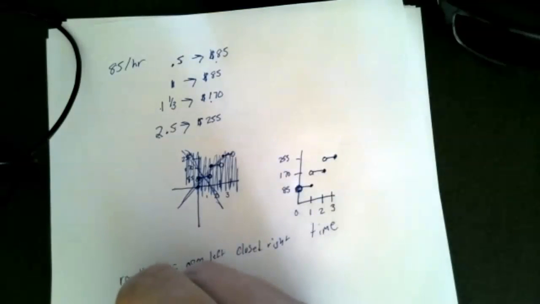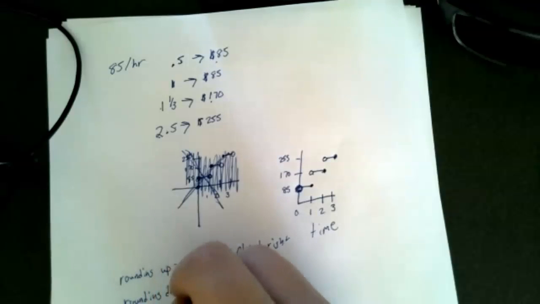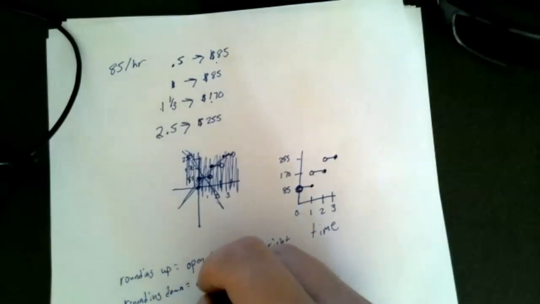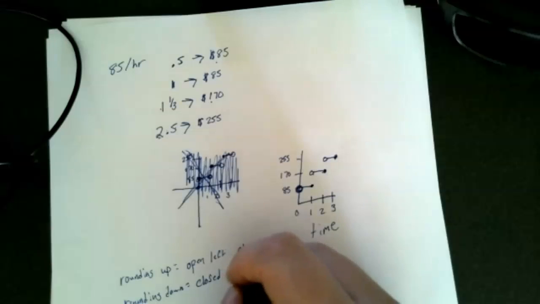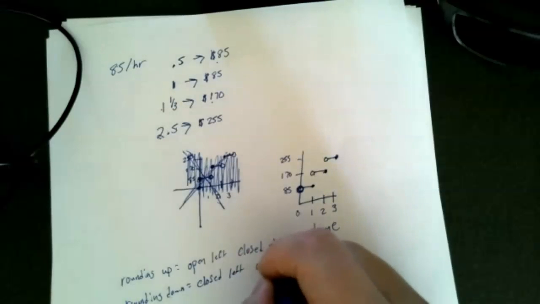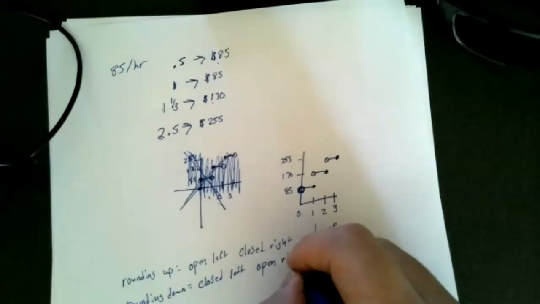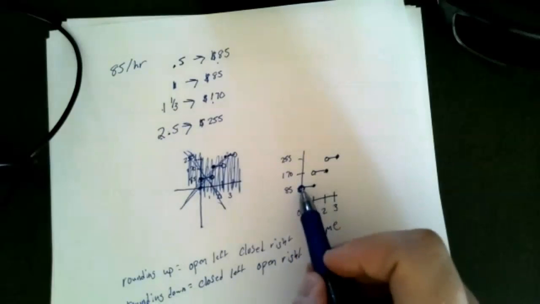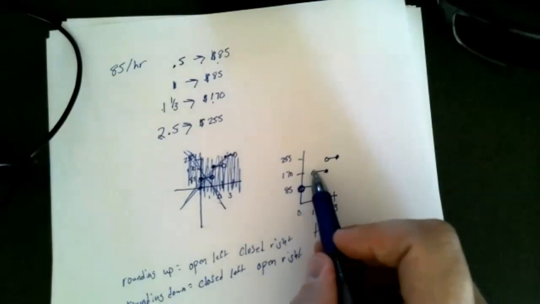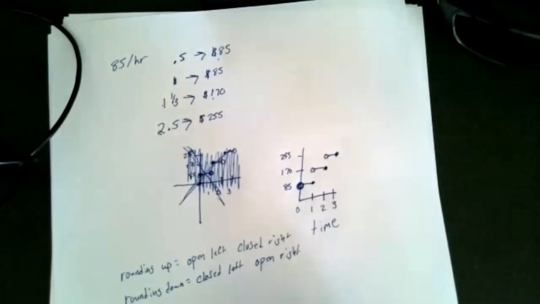And if we're rounding down, it's going to have a closed left and an open right end. Once again, that's talking about the open and the closed circles here.